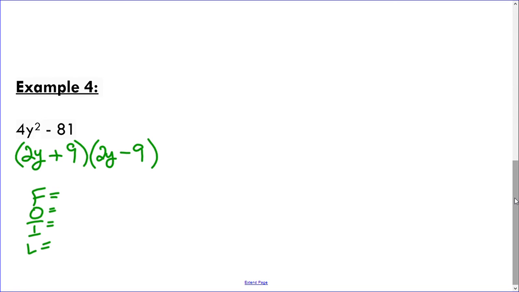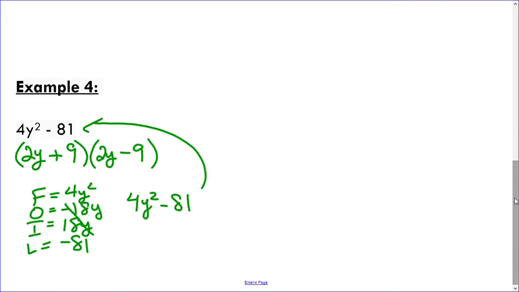And so my first two terms, 2y times 2y is 4y squared. My outside terms could be minus 18y. My inside terms could be plus 18y, which is good because they need to cancel each other out. And then my last two terms are negative 81. So if I put it together, 4y squared minus 81 with those middle terms canceling out.